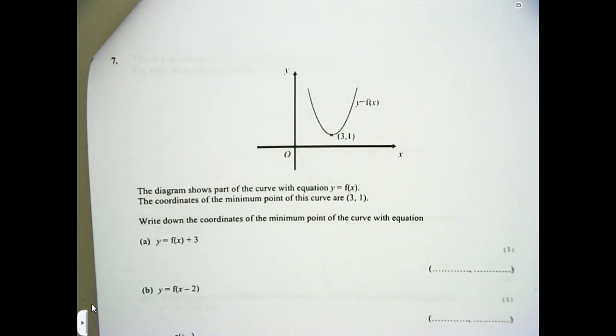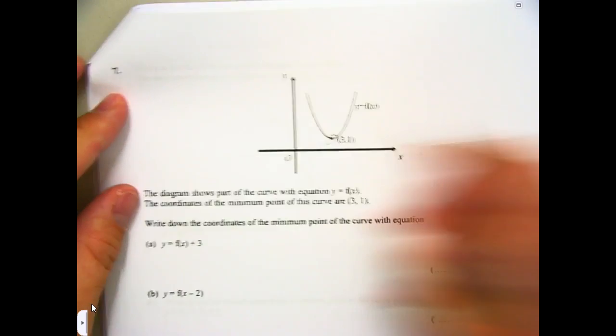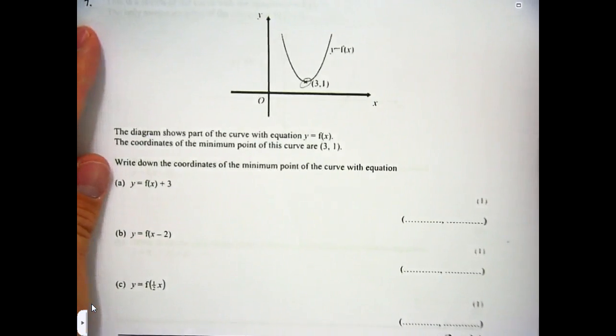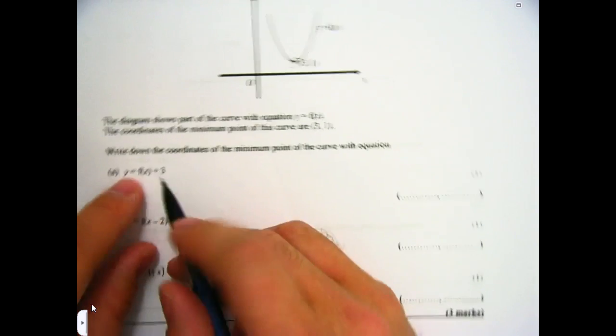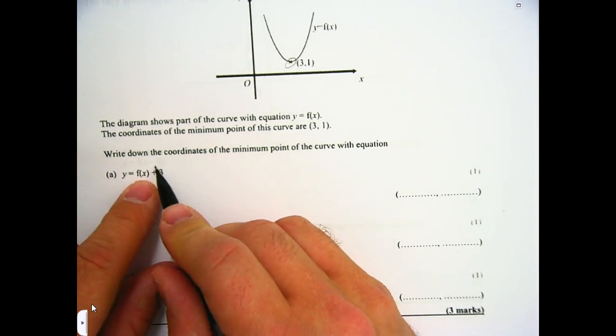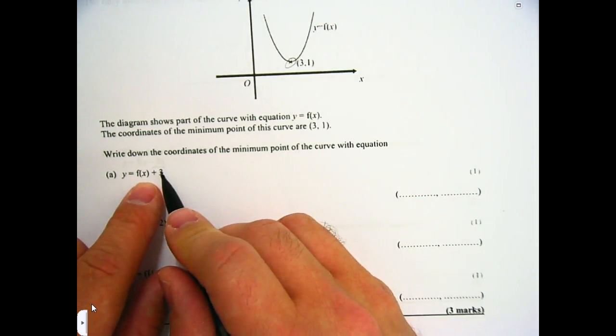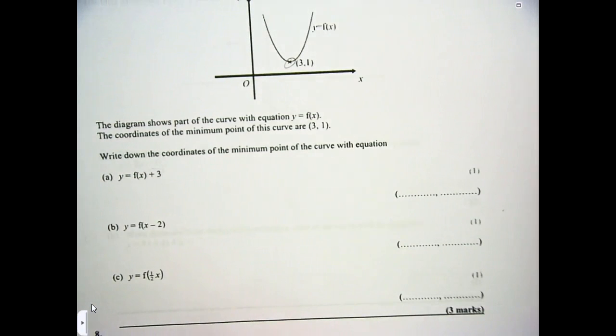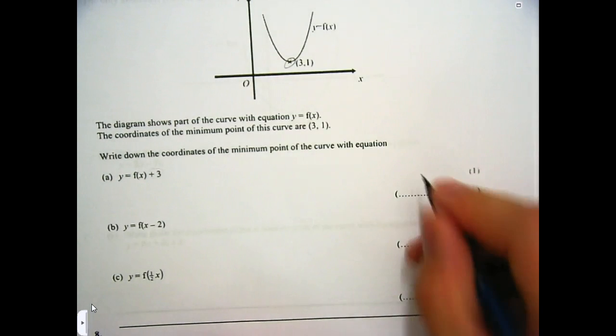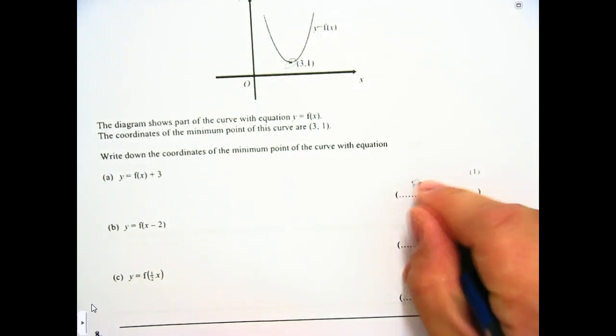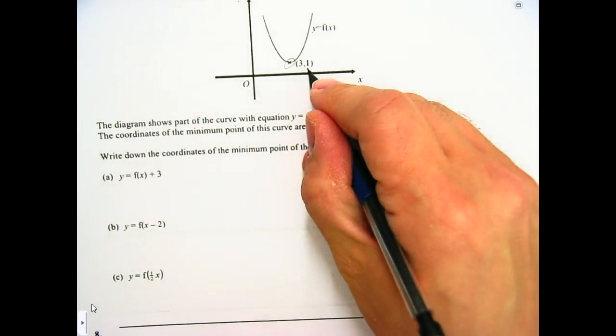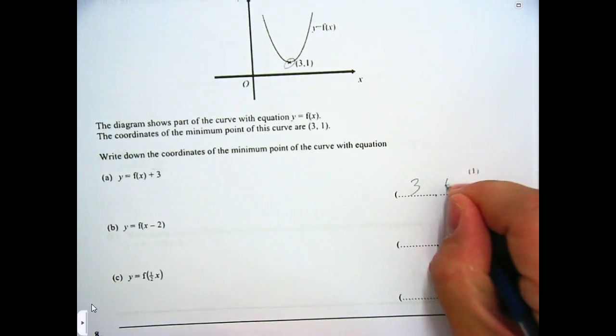So writing down the coordinates of the minimum, remember, is this point right here. I know we haven't studied that much, but it's the bottom of our graph. Okay, so if we are moving it up 3, are we affecting the x or the y? The y. So we're at 3. And then the y is at 1, so we go 1 plus 3 to give us 4.